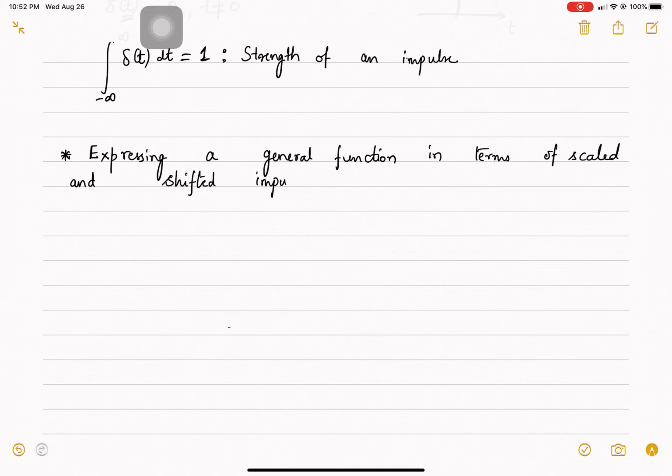I thought of skipping this part, but it's good to know the theory involved in expressing the given general function in terms of an impulse function.